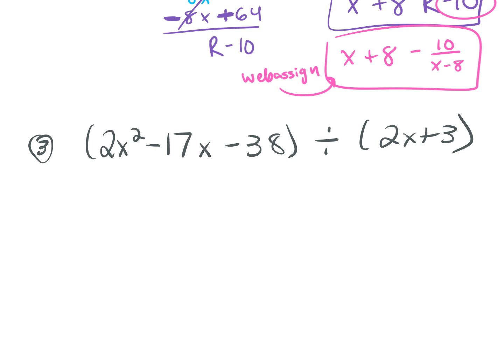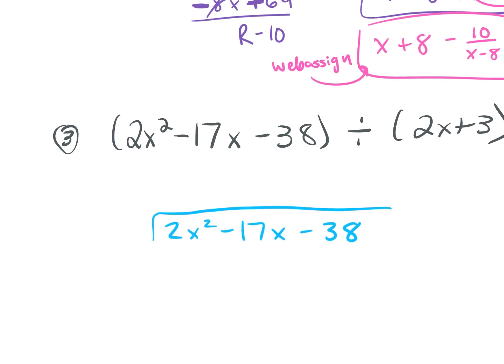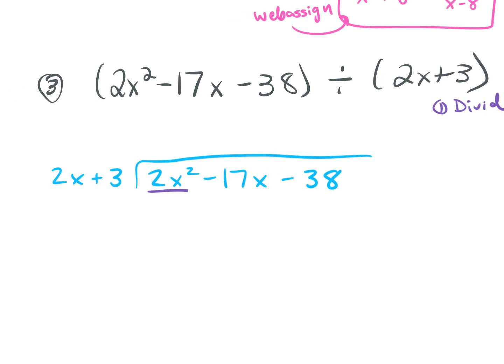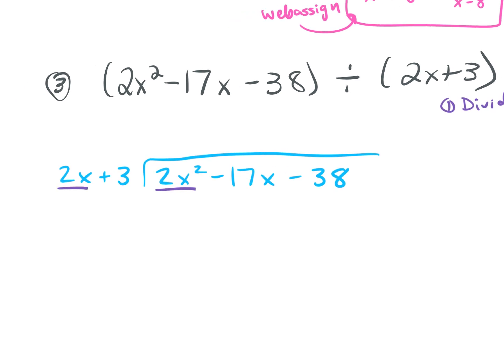All right, so we're going to write the long one in the box. We've got 2x squared minus 17x minus 38. Am I missing anything? No, we're good. Outside, we're going to put 2x plus 3. What's step 1? Divide. So 2x squared divided by 2x would be what?